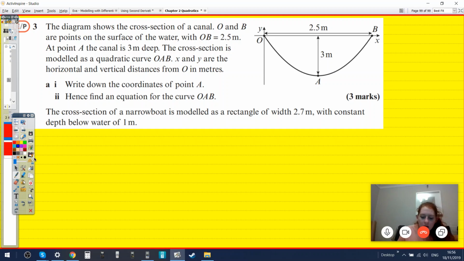So we know the x-intercepts and the y-intercept.